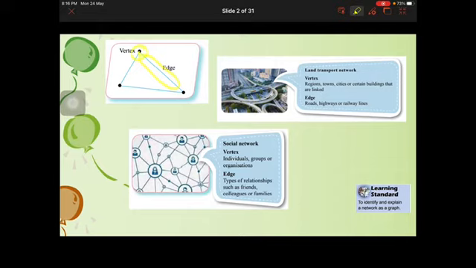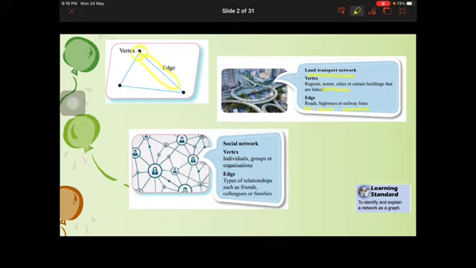Now what is the example of use of this network? You can see the first example: land transport network, like LRT, railway station, flight route. The vertex will represent the towns, cities, regions, buildings that are linked to each other, while the edge will represent the roads, highway or railway lines.